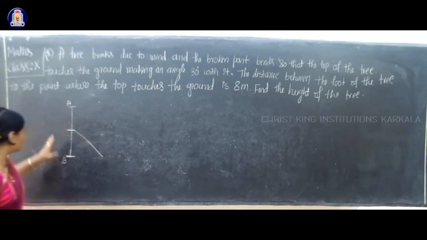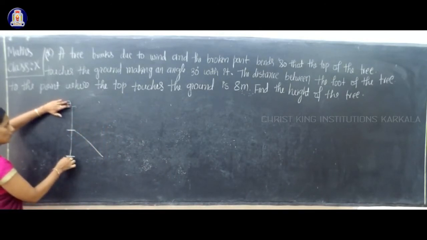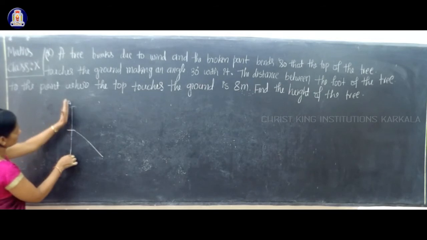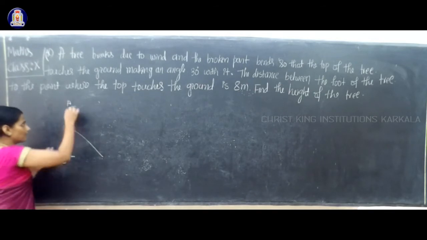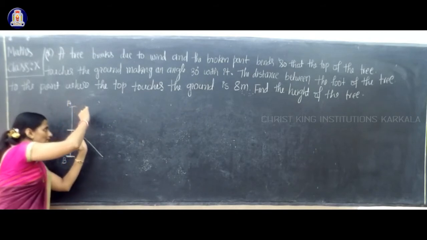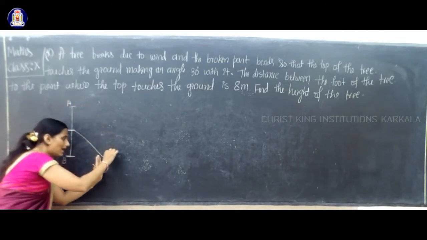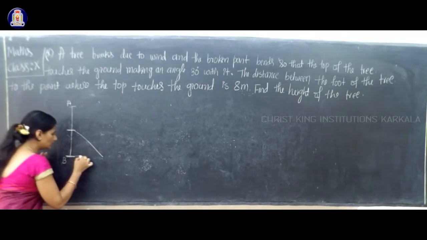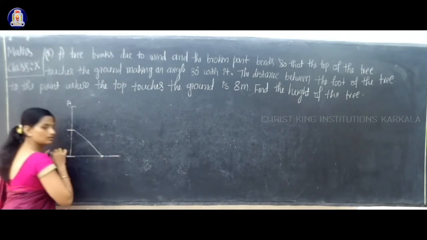Initially AB is the height of the tree. Due to wind it breaks from here to here. Assume that it breaks here and the broken part comes like this, correct no? Comes like this and touches the ground. Clear?